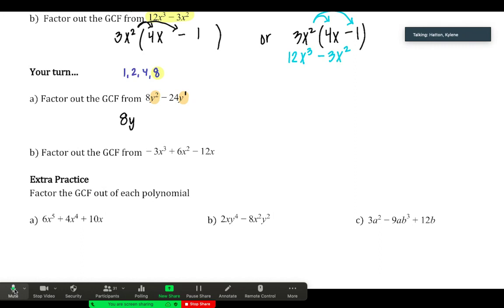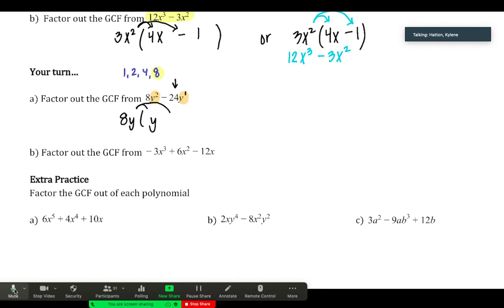When I factor it out, I'm just doing the opposite of distributing. So if I want to figure out what goes in the parentheses, I can think, 8y times what is going to get me back to 8y squared? Well, I would have to multiply in one more y, because 8y times y would bring me back to 8y squared. And then 8y times what is going to get me back to negative 24y?